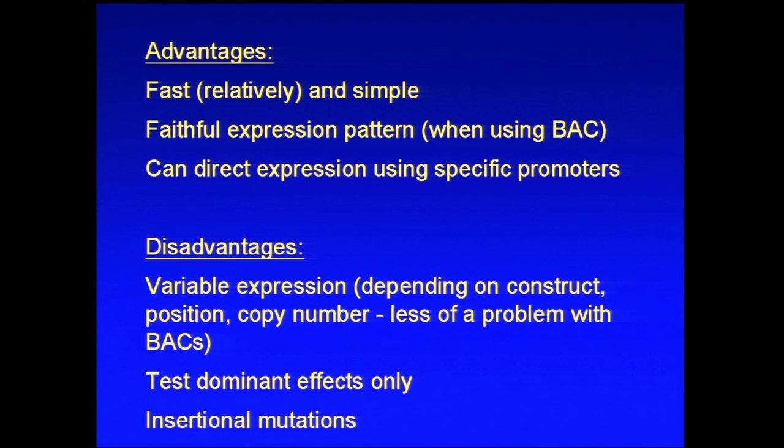So you have to look at multiple lines frequently in order to establish some consensus about what the phenotype is of your transgenic. You can only test dominant effects because you're only adding DNA in this case, although you may have unintended consequences that are recessive that have to do with the fact that these transgenes can land in genes and they can have disruptive effects, what's called insertional mutagenesis.